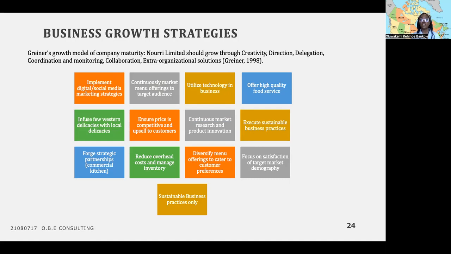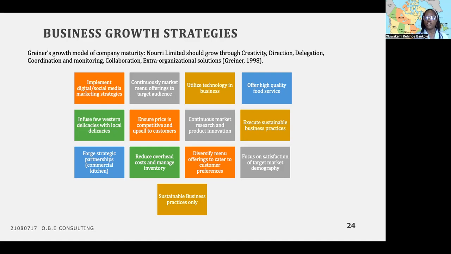The literature review shows that most startups do not survive the initial stage of operations, and because we want Nourri Limited to succeed, we have armed them with these growth strategies as postulated by Larry Greiner.